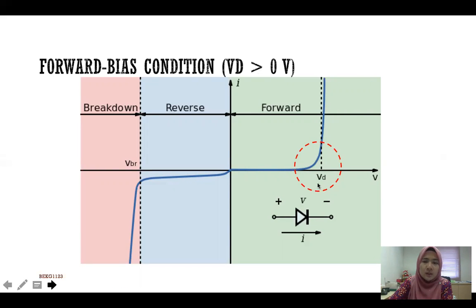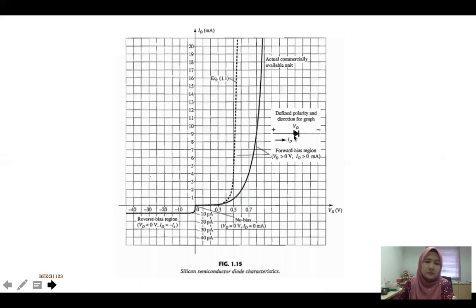So when it reaches the knee voltage, then you can see that you have an exponential rise of current when it exceeds the knee voltage. In the previous slide, it stated that for different materials, you have a different VD, or different knee voltage, or potential barrier voltage.